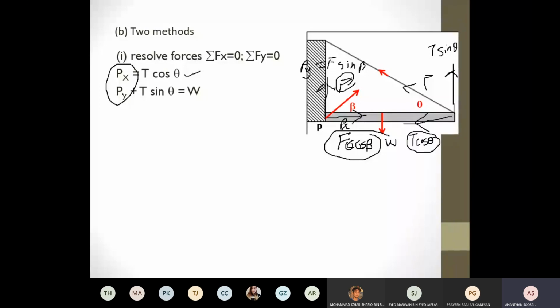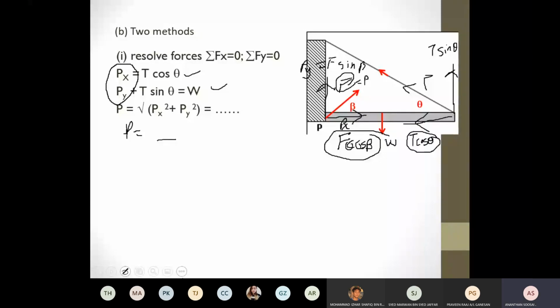So P is the actual force. I put F here, but in the working they put it as P. The F and P are the same. If you can work out Px and Py from these two equations, you can find the P answer.